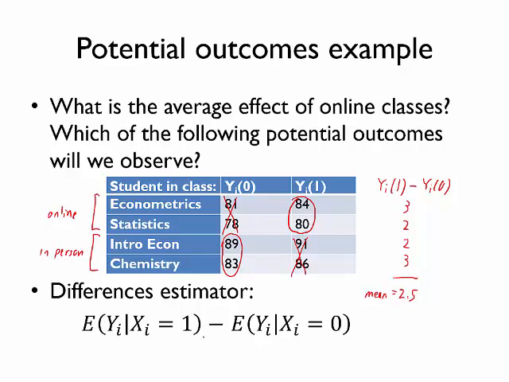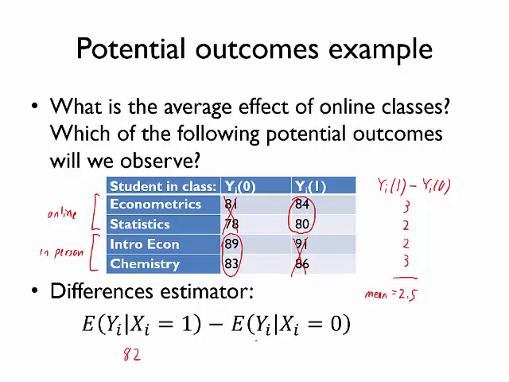Then we subtract the same expected value, conditional on the individual being in the control group. You can see that fairly easily here. This first expected value is going to be the average of these two numbers, 80 and 84. And so that average should be 82.